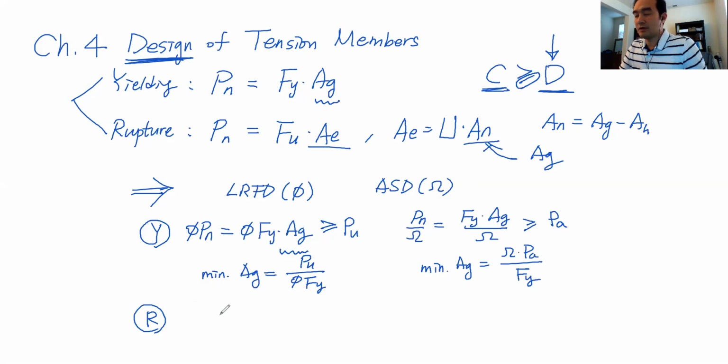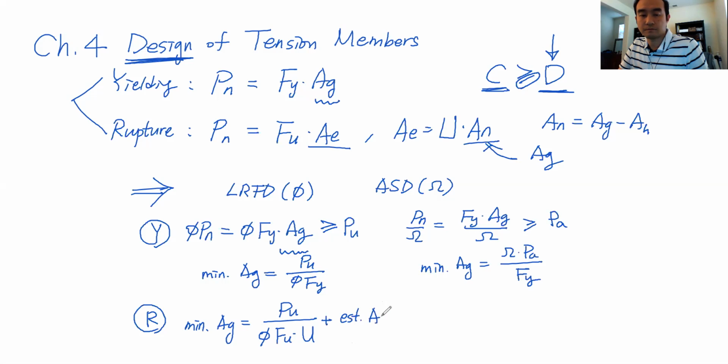It's not a long derivation, but all the steps are available in your textbook. So finally, the minimum Ag equation against the rupture limit state is equal to Pu, the factored demand, divided by phi times Fu times the shear lag factor U here, plus the estimated area of the holes.